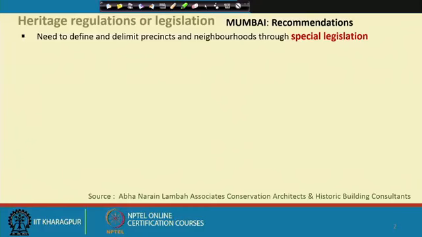Based on the issues we have seen in Mumbai, there are categories, legislation and grading, but in spite of that certain problems are arising. Incentives are there, but still some structures have been delisted and precincts are not able to be preserved as envisioned.